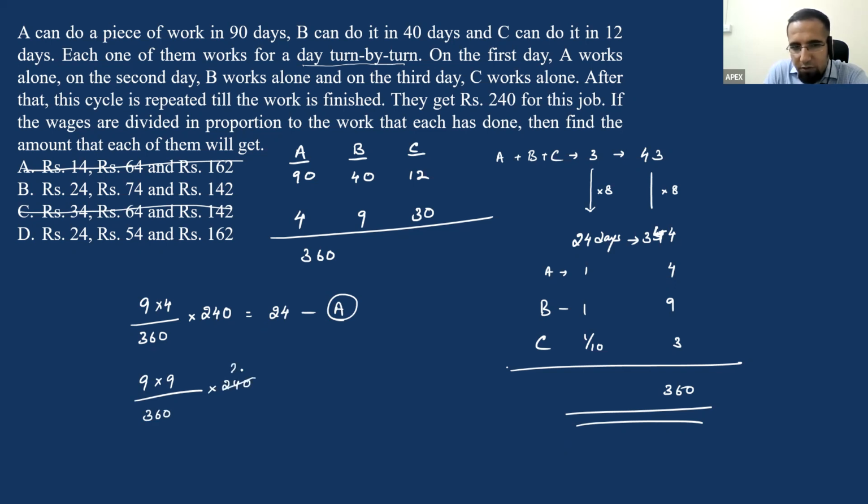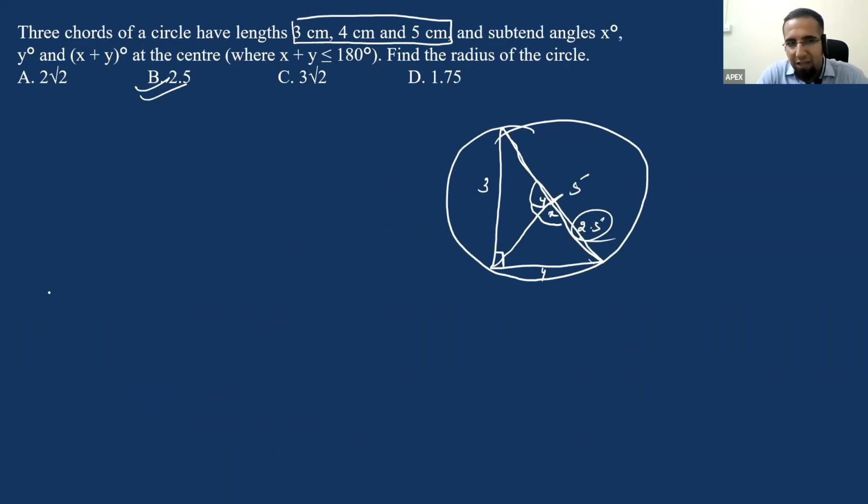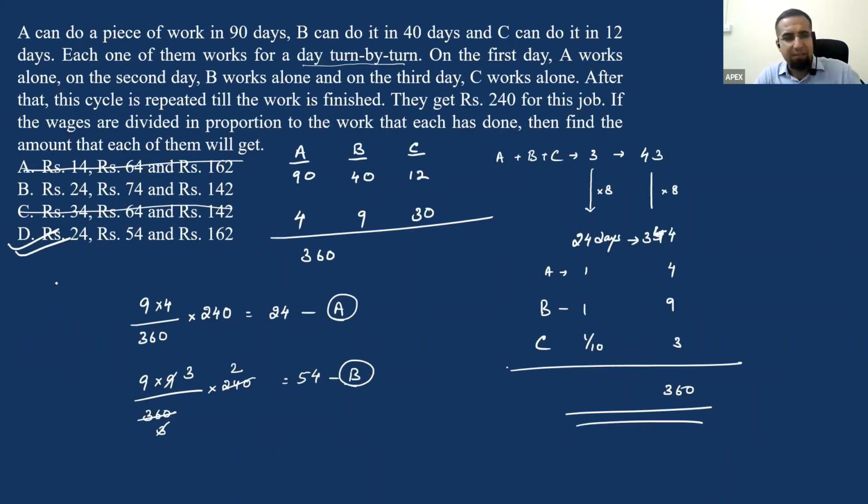So 3 ones are 3, 3 threes are 9, 9 threes are 27, 27 twos are 54 is the value of B. So with 24 and 54, the only combination that works for us is option B. Clear? So this should become your 8th out of 9th question of the paper. Very easy, except the previous question. I believe all the rest of the questions have been easy, not very difficult. Let's move forward.